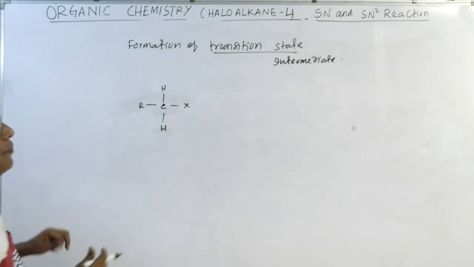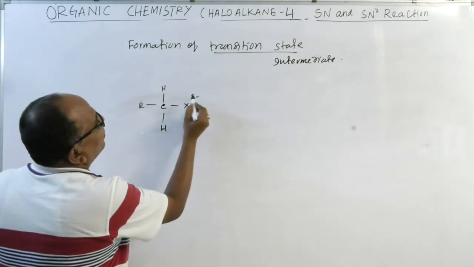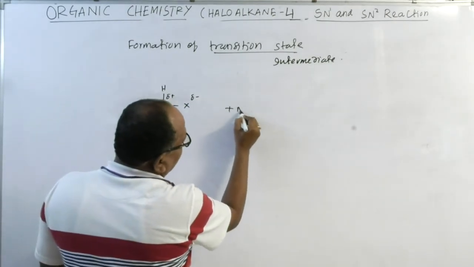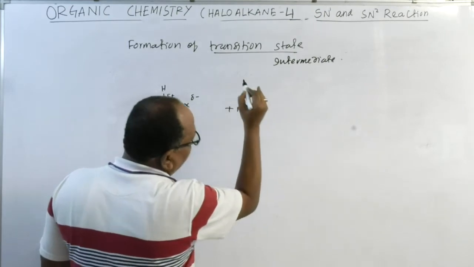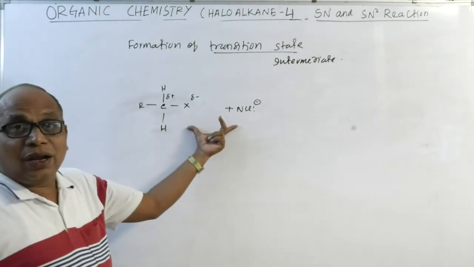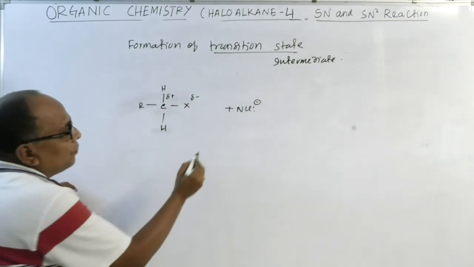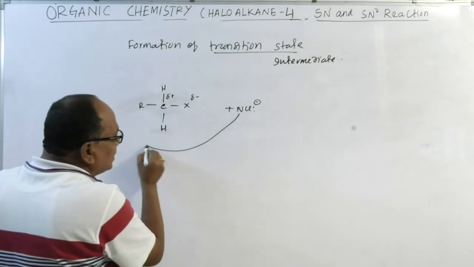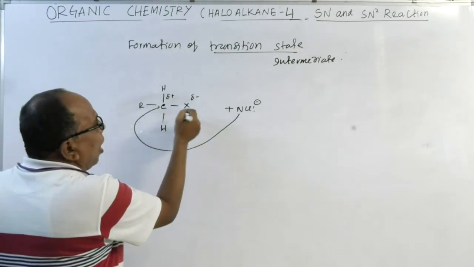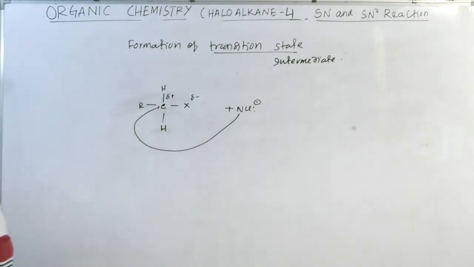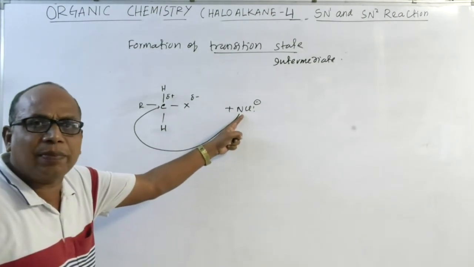Due to the inductive effect, the halogen possesses a fractional negative charge and the carbon a fractional positive charge, and this is your nucleophilic reagent. You see, you require both at a time. What will happen? The nucleophilic reagent will attack this carbon atom from the side opposite to the halogen atom, because the nucleophile and halogen are both negative and repel each other.